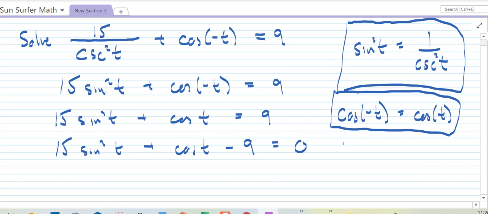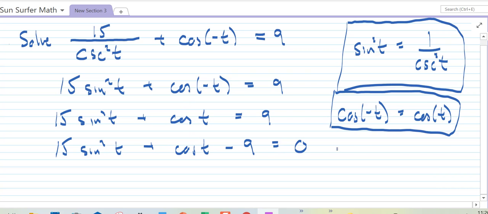We're always going to want to set our equations equal to 0. The next thing I want to notice is that I still have 2 different trigonometric functions, sine and cosine. At least I've gotten rid of the cosecants. Now, I ask myself, can I factor anything here? Is this factorable? As it turns out, it is not factorable.